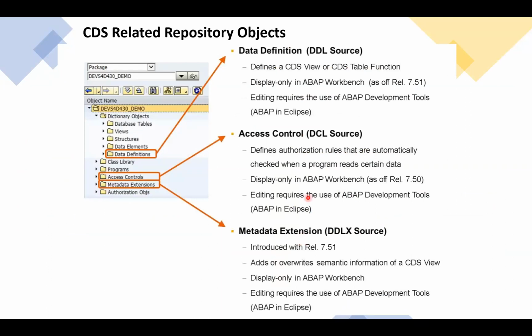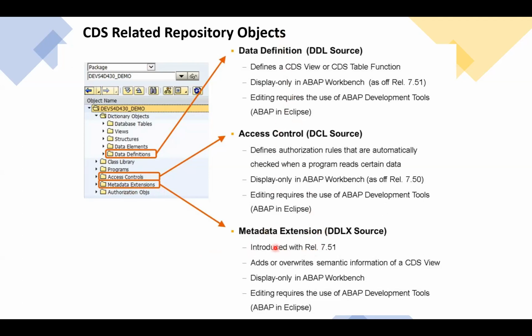And these are the related objects. I think we have just seen what DDL and DCL are, etc. But in the project, in the package, under which directories do we see those objects? Data definitions, DDL, will be under the data definition folder, access control will be under the access control folder, and metadata extensions.